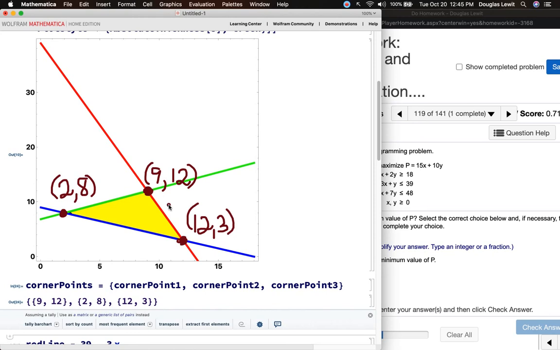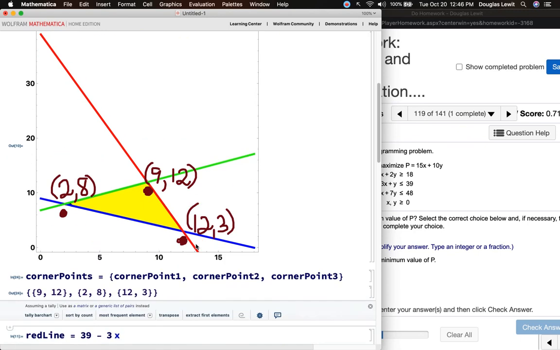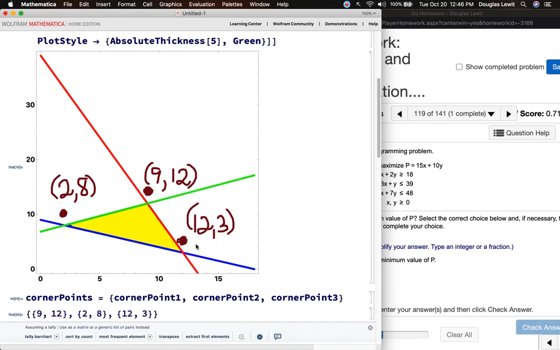So we have 3 corner points here. We have a corner point here, x is equal to 2, y is equal to 8. We have a corner point here, x is equal to 9, y is equal to 12. And we have a corner point here, x is equal to 12, y is equal to 3.